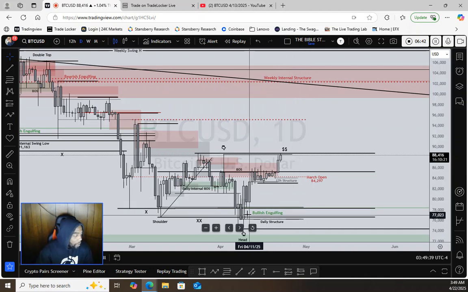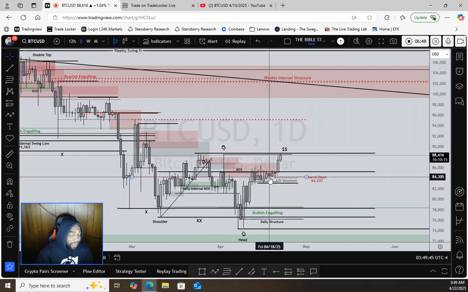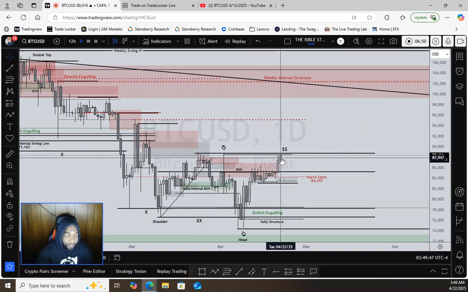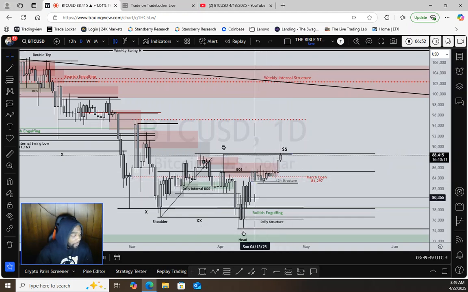Now, we know price on the daily is bullish. We are encountering this bullish expansion here on the daily time frame.